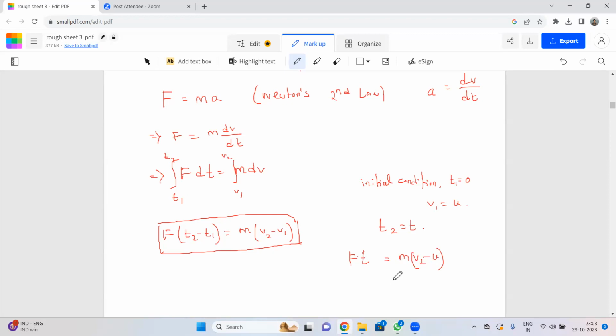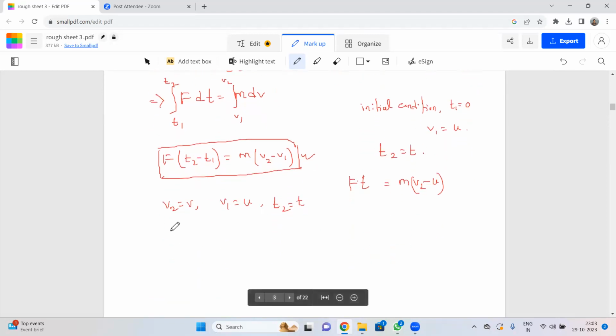Using this equation, you can find your v. Again, you can check one thing: here v2 means your final velocity v, v1 is your initial velocity u, and the initial condition t1 is 0, and your t2 is t.